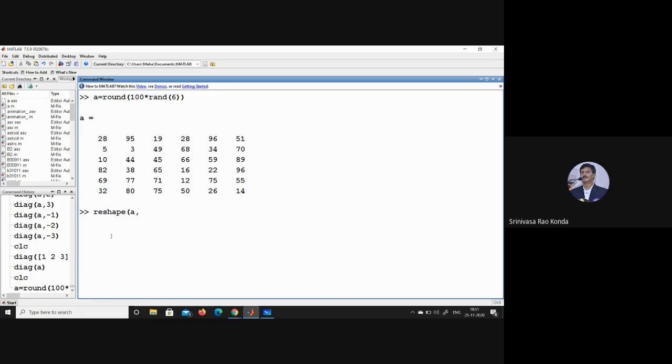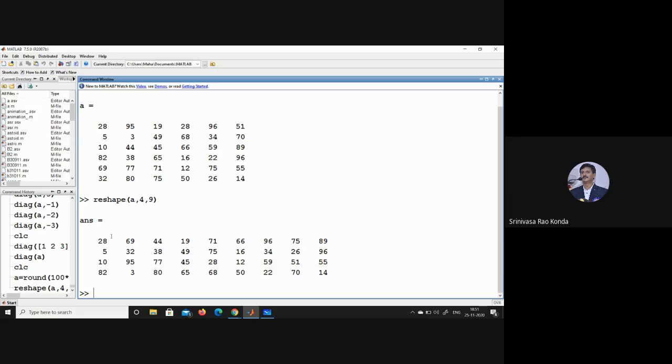Reshape of 6, 9? It will reshape the matrix as a 4 by 9 matrix, 4 rows, 9 columns. Total 36 elements. We have to concentrate on that.